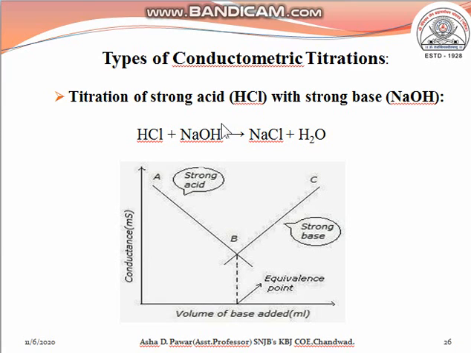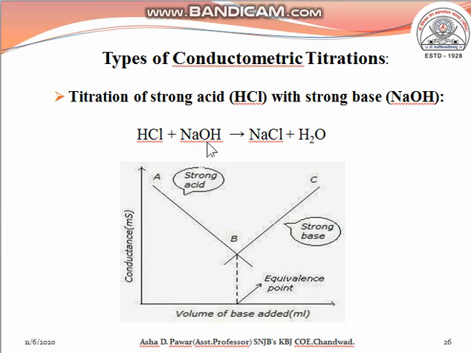With the help of the conductometer and conductivity cell, that is the two platinum electrodes required for the measurement of conductance, we can calculate the end point or equivalent point of the titration, and from that equivalent point we calculate the strength of either the acid or the base that is unknown to you.